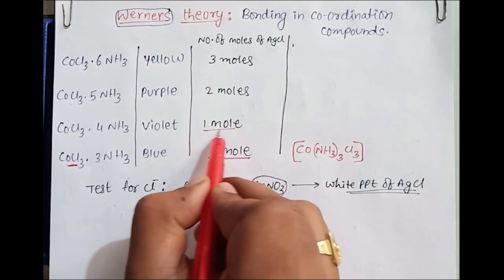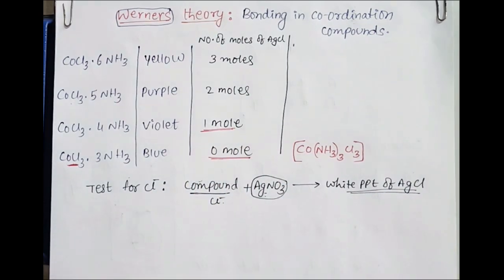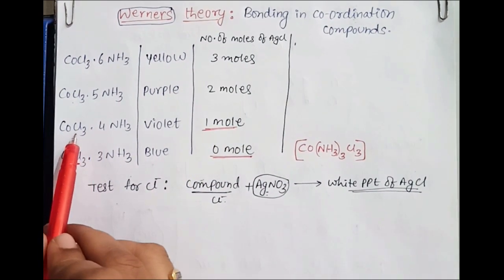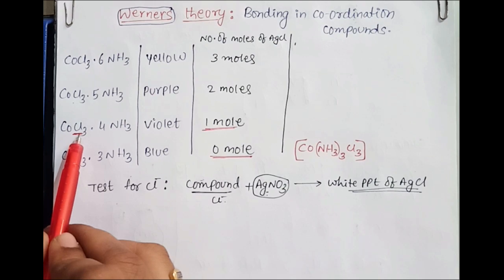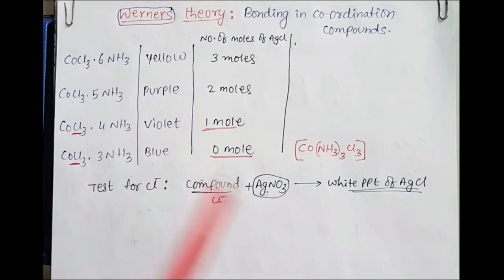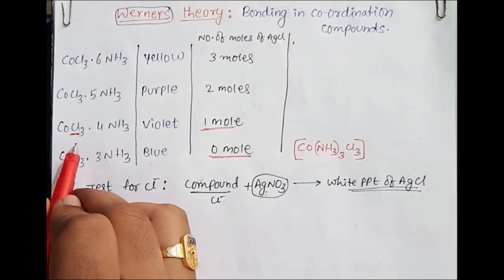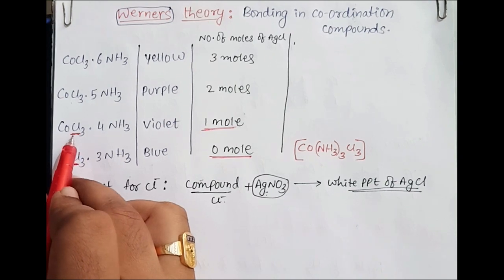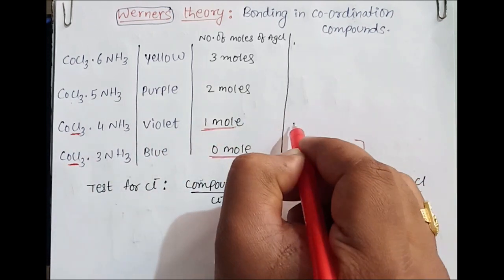Here 1 mole of AgCl is formed, which means out of the 3 chloride ions, only one chloride ion is ionizable, present outside the bracket, and the remaining are inside the bracket.